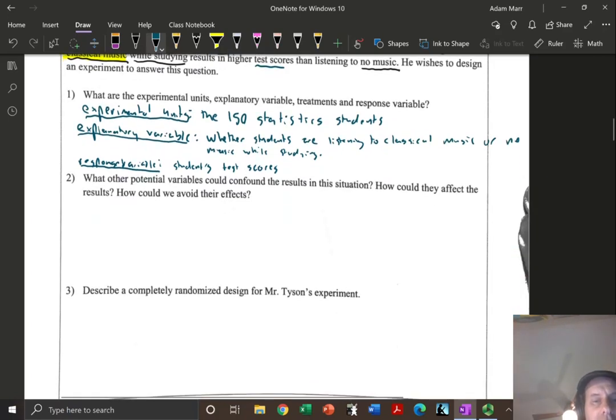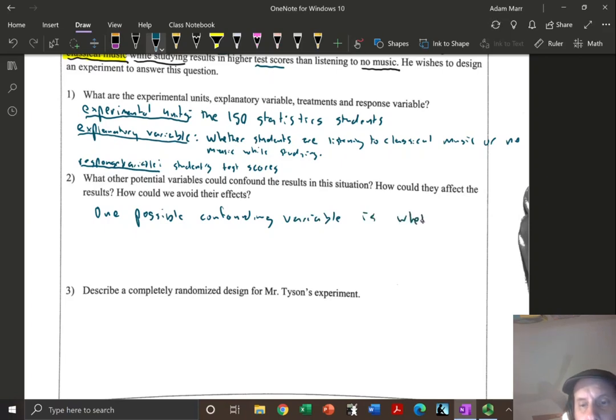So one possible confounding variable is whether students are familiar with classical music.